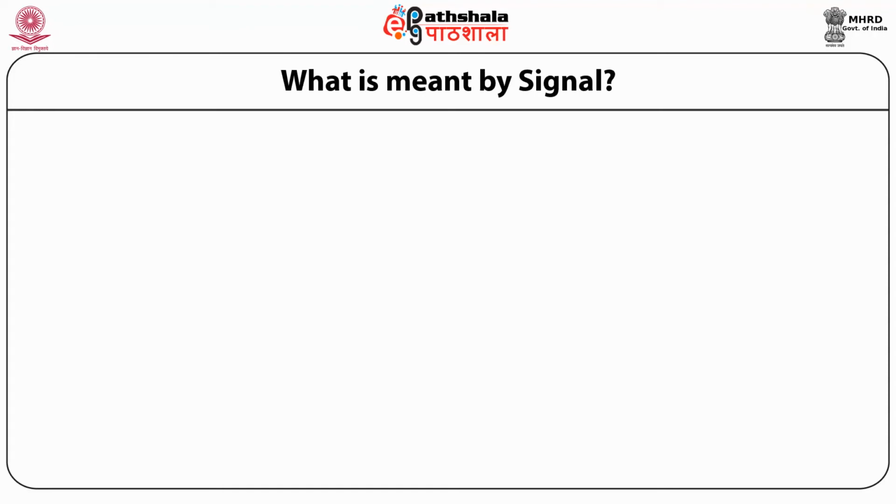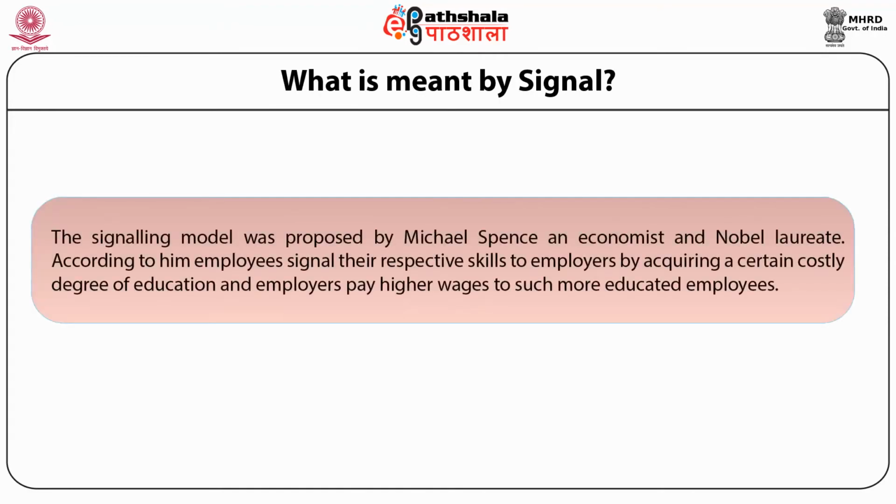Now, what is meant by signaling? Well, Michael Spence proposed the idea of signaling. According to him, signals are used to resolve the situation of information asymmetry. For example, a prospective employee would signal his type to help transfer information about himself.